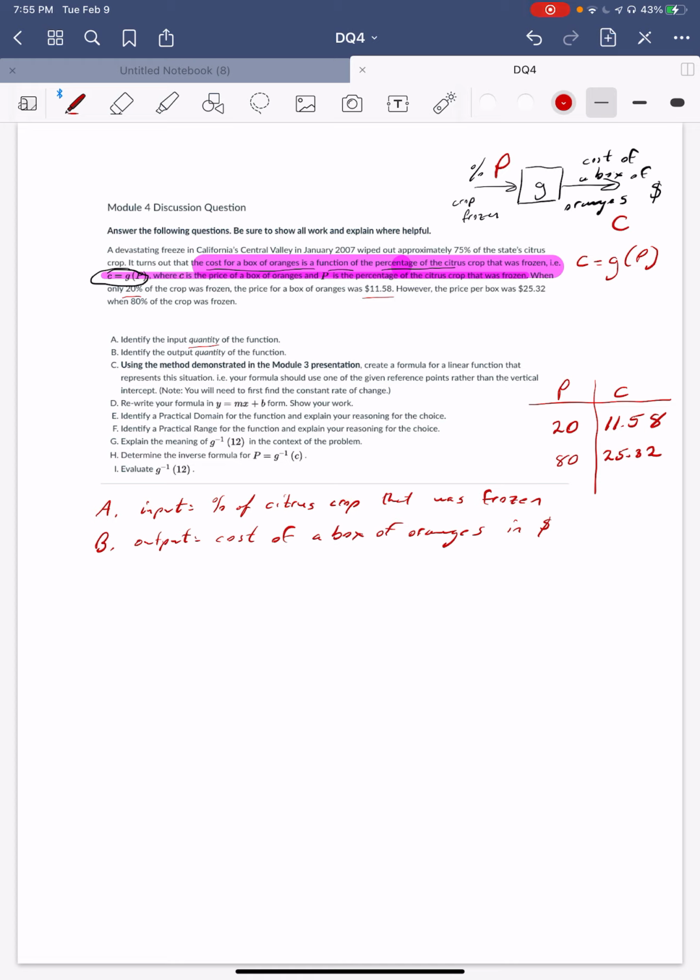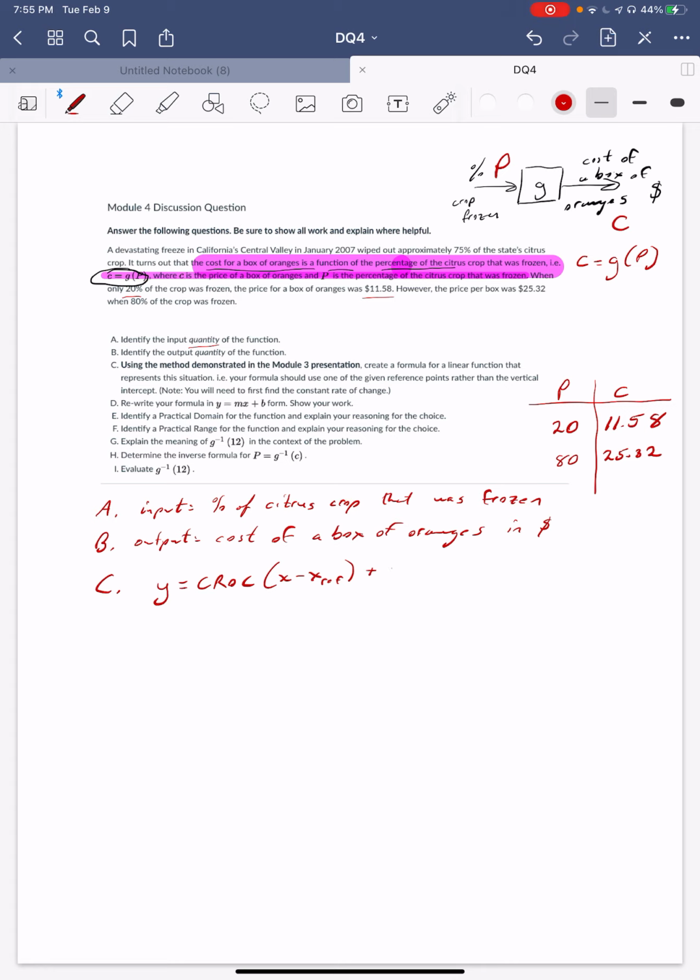That's actually in the next step. In this case, we're looking for the method demonstrated in Module 3. And in Module 3, we learned that y is equal to the rate of change multiplied by the change in our input, x minus x ref.